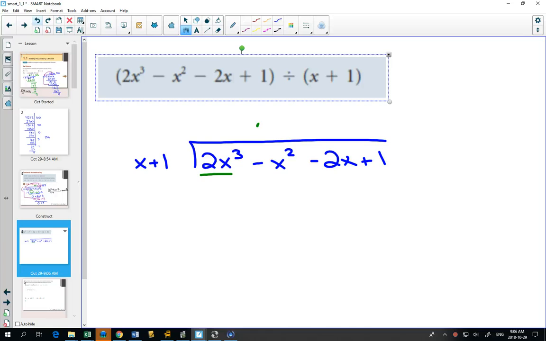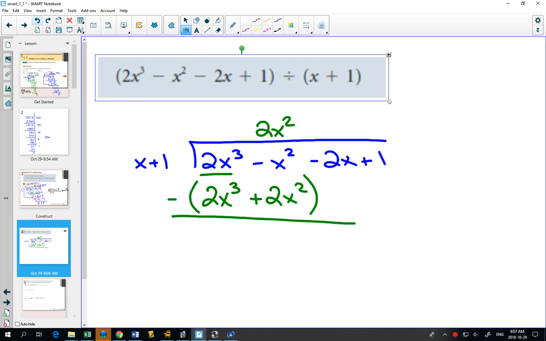So because it's an x squared, I'm going to write it above my x squared column to keep things neat and tidy. And 2x squared multiplied by x plus 1 is 2x cubed, perfect, and 2x squared times the 1 would be plus 2x squared.